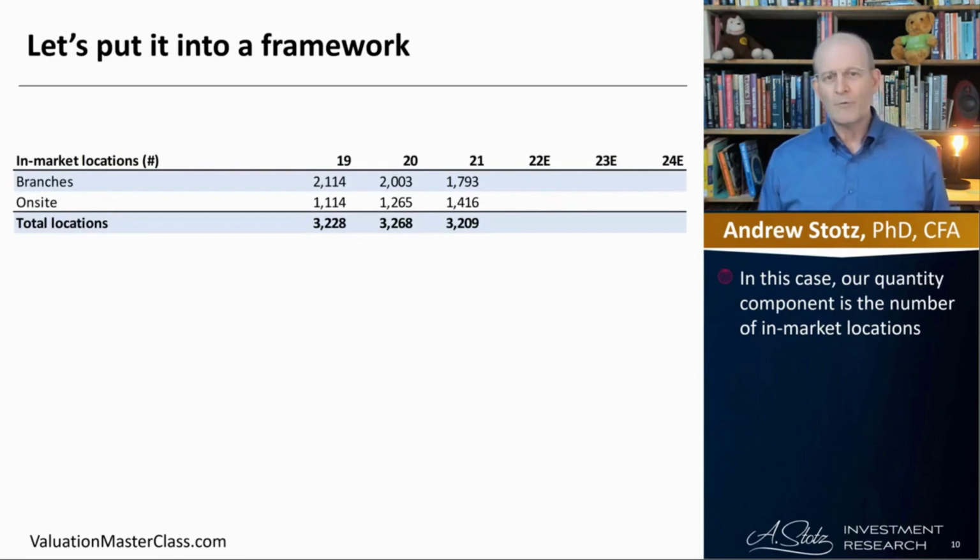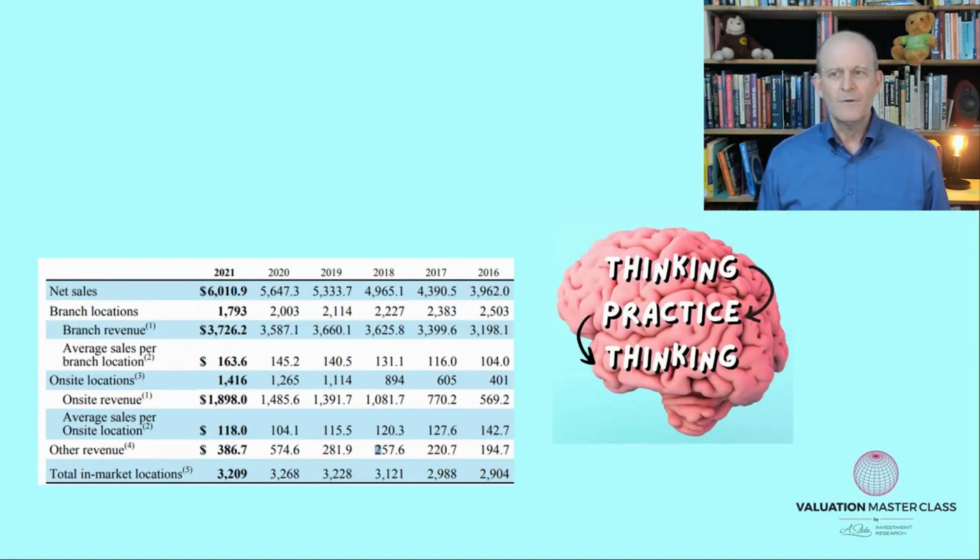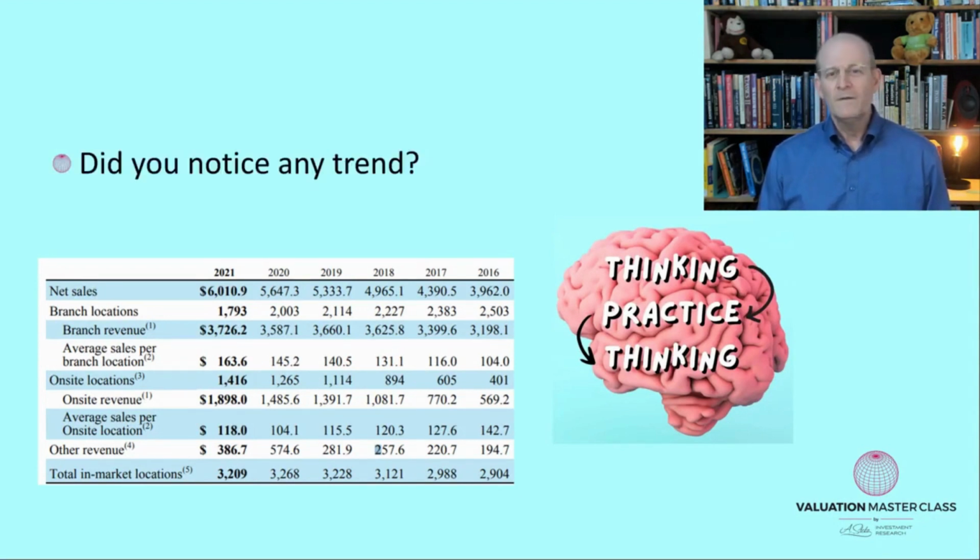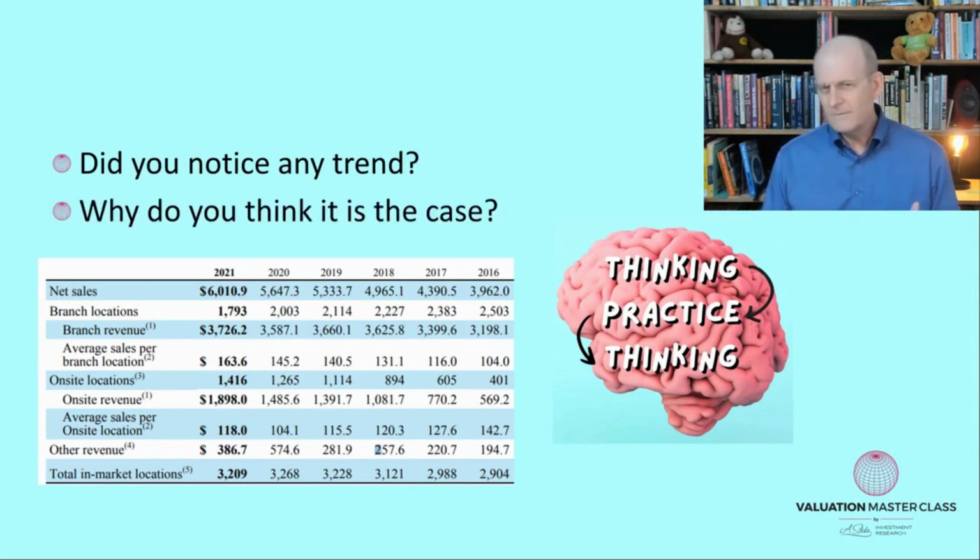So we have branches and on-site locations. So take a look at this table and tell me if you see any trends. Well, do you see any trends? And why do you think there are these various trends here? What do you think is going on?